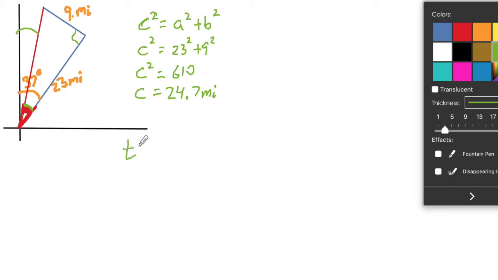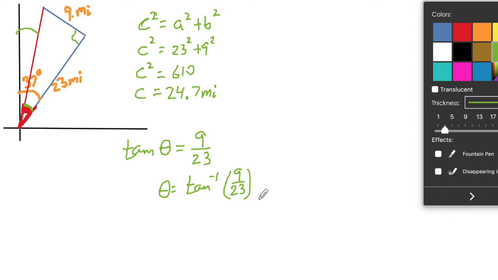So we're going to say tangent of the angle, we don't know what it is, I'll call it theta, is equal to opposite over adjacent. And to find theta, we're going to use tan inverse. So we're going to say tan inverse of 9 over 23. And if we type that in our calculator, in degree mode, make sure my calculator is in the right mode.